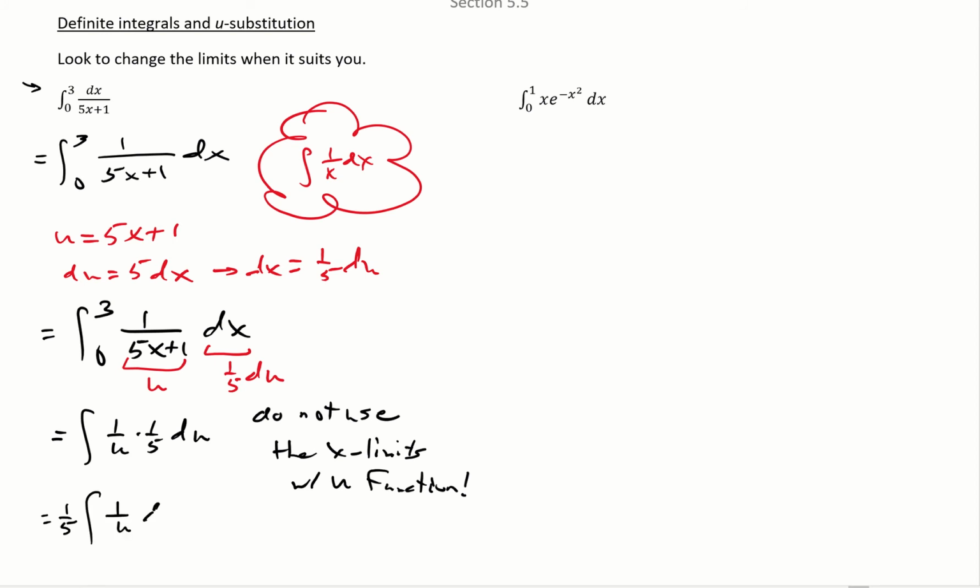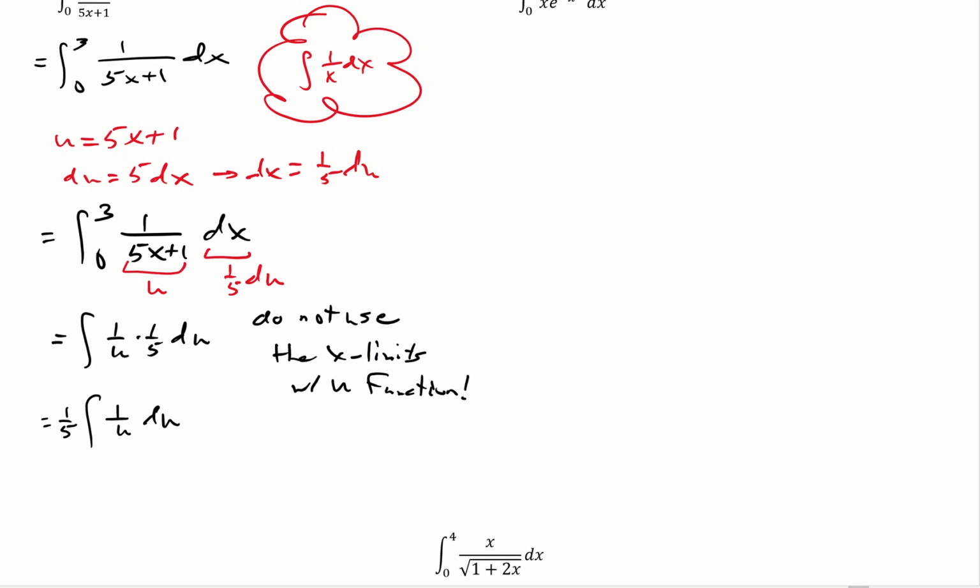Why did I get 1 over u du? What does it say on page 403? What have we learned so far? What we've learned is that the integral of 1 over u is the natural log of u. Actually, the natural log of the absolute value of u, which I don't think has been covered yet. We should cover that in case it hasn't been, and then plus c.